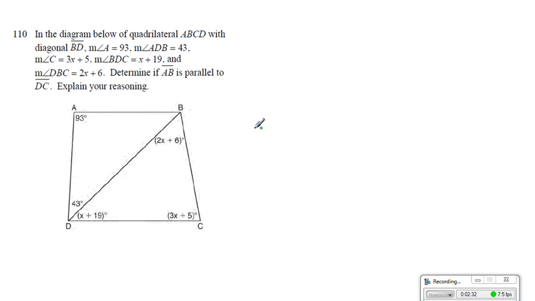Alright, so here we want to see if line AB is parallel to DC. Now, one of the ways for us to look at it is to ask, are these two angles, the green marked angles, equal to each other? So the first one, if I call this one y, then we get 93 plus 43 plus y must be equal to 180.